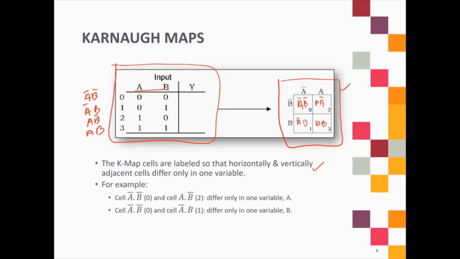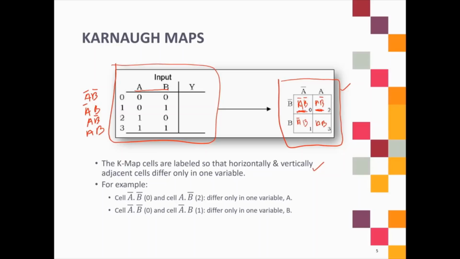So for cell A bar and B bar, and also A and B bar, if you compare the variables, the variable that differs is only A, because for both cells, B bar is the same. Here we have B bar, here also we have B bar, but A is different.